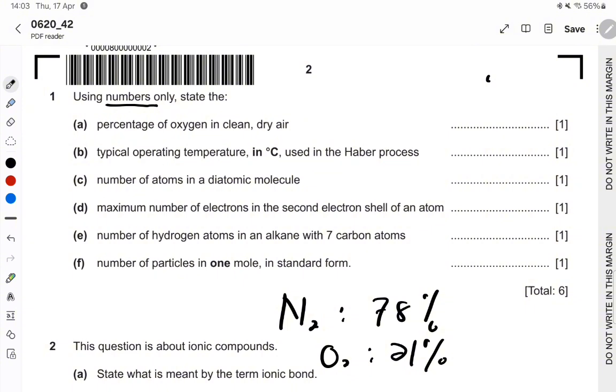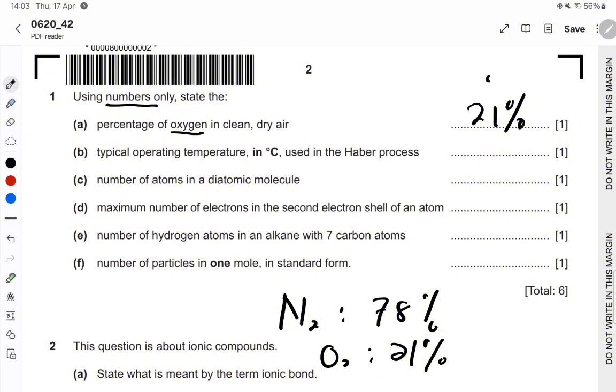Then you've got carbon dioxide and water vapor, but sometimes when they use the term dry air, you would exclude water vapor. And of course you've got appreciable but small amounts of argon. But now the percentage of oxygen, so you'll write 21%, not just the number 21.